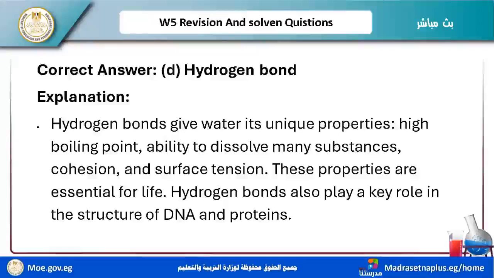So its unique properties are high boiling points, the ability to dissolve many substances, and surface tension. These properties are essential for life. Hydrogen bonds also play a key role in the structure of DNA and proteins and many things.